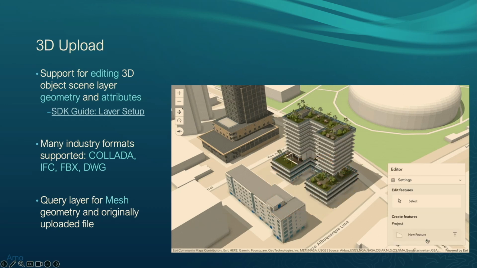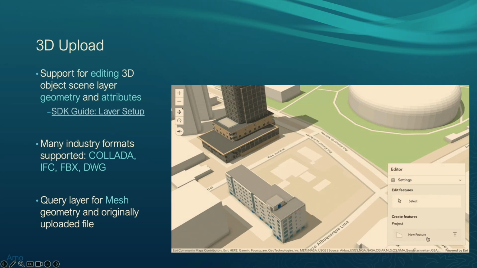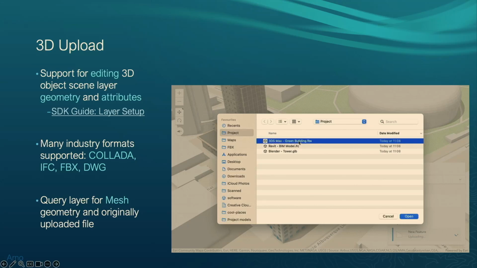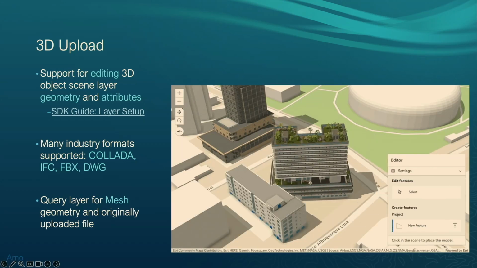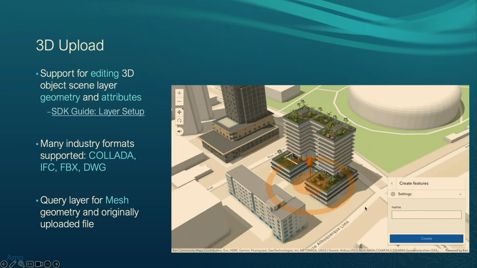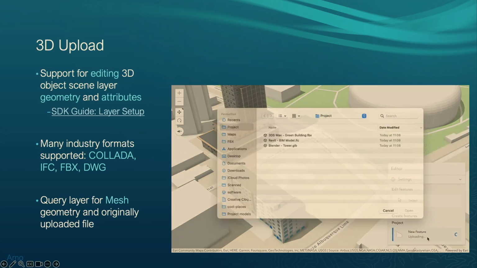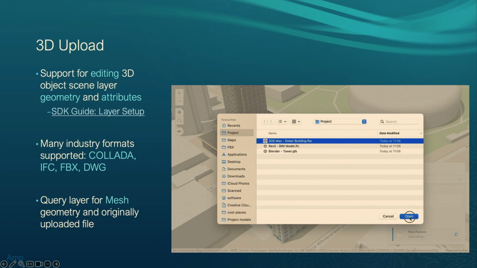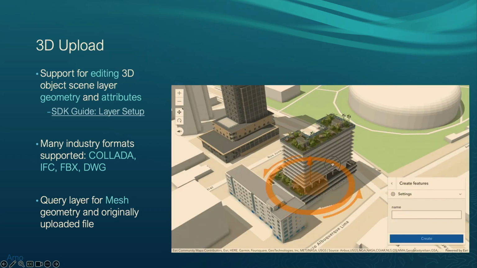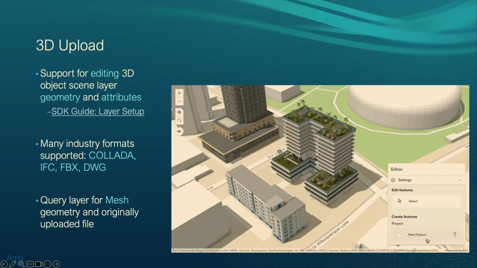And what's also interesting about this topic is that it's not only about uploading and sharing your 3D models, but it also allows you to start accessing the geometry of scene layers in the client. So you can query the scene layer directly either for the 3D mesh geometry and then really work with the vertices that you get back.